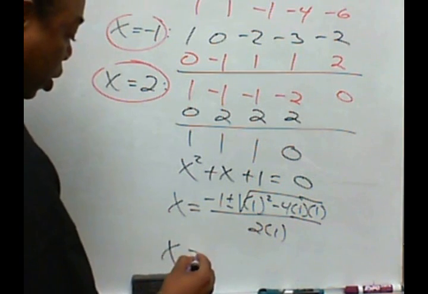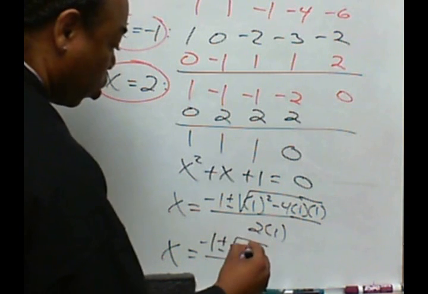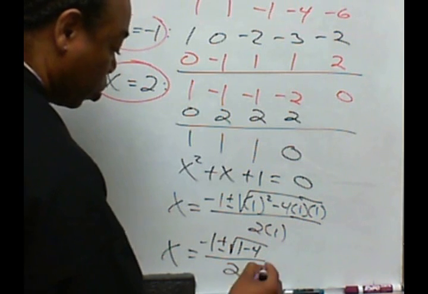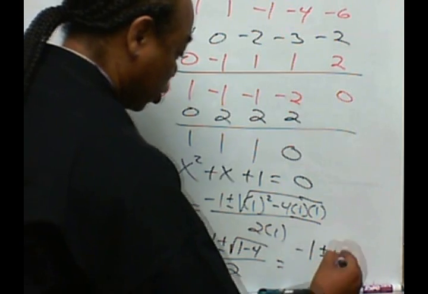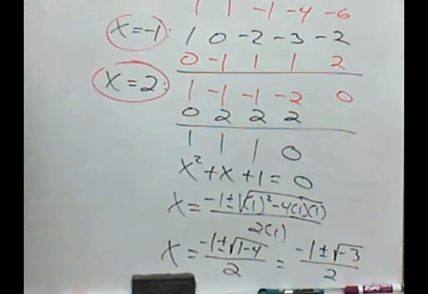Alright, this simplifies down to negative 1 plus or minus the square root of 1 minus 4 all over 2. And that becomes negative 1 plus or minus the square root of negative 3 all over 2.